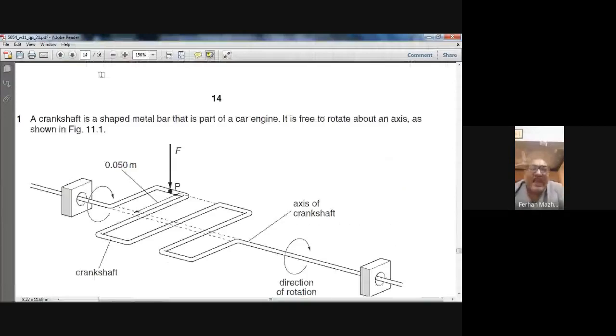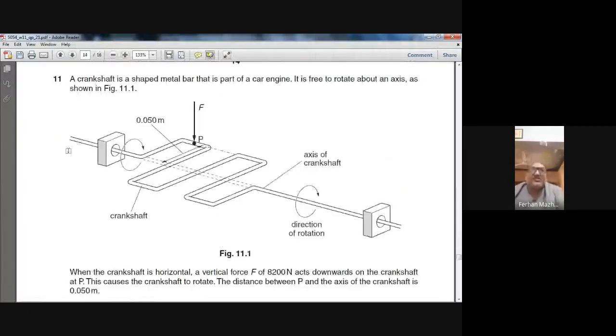A crankshaft is a shaped metal bar that is part of a car engine. It is free to rotate about an axis as shown in figure 11.1. When the crankshaft is horizontal, a vertical force F of 8200 Newton acts downward on the crankshaft at the point P. This causes the crankshaft to rotate.